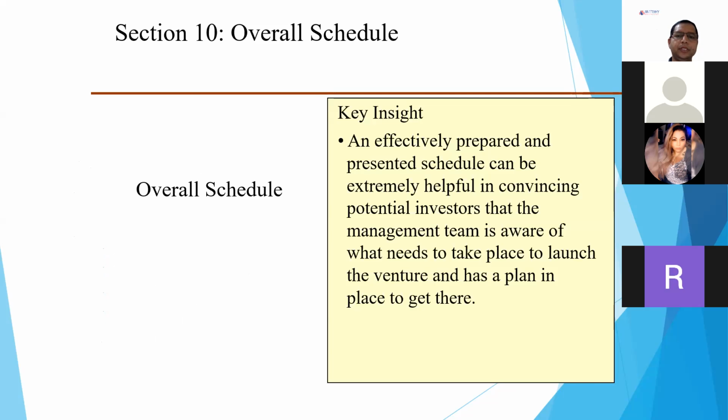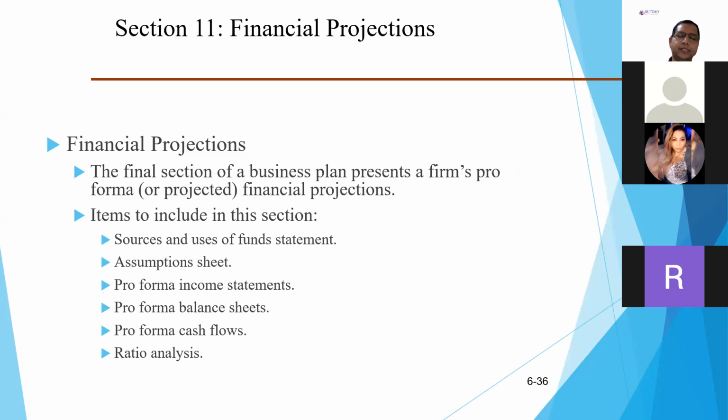And of course, you need to include the important section of financial projection. The financial section of a business plan presents a firm pro forma or the financial projection. This includes your sources and uses of funds statement, your assumption sheet, pro forma income statement, pro forma balance sheet, pro forma cash flows, ratio analysis.